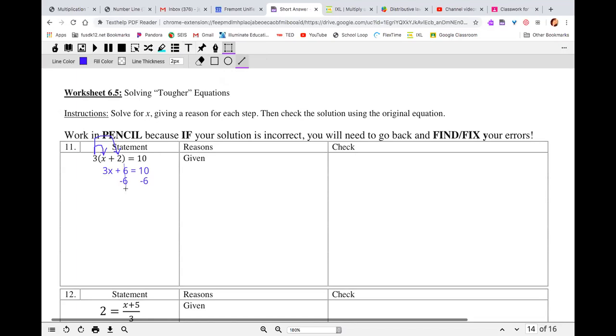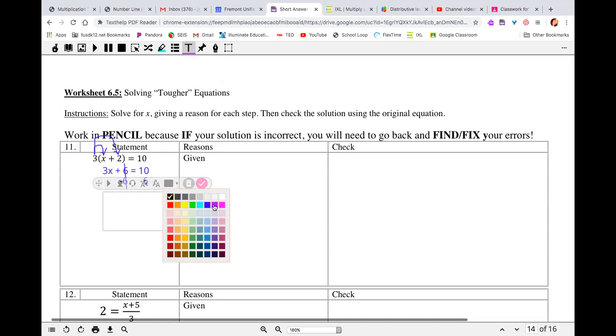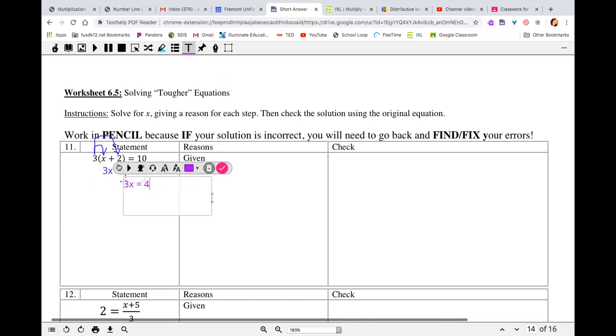Six minus 6 is 0. So now I rewrite my equation. 3x, 10 minus 6 is 4. So now I have 3x equals 4.